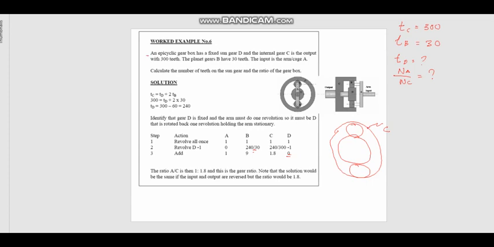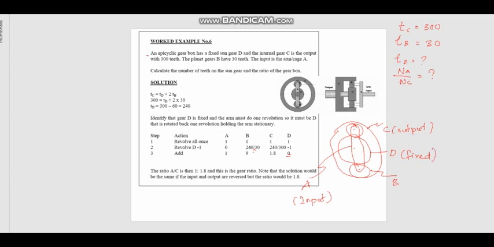And the planet gear is called B, and the sun gear is called D, and the arm is called A. That's A, right? And gear C is the output, and the input is A, and D is fixed.